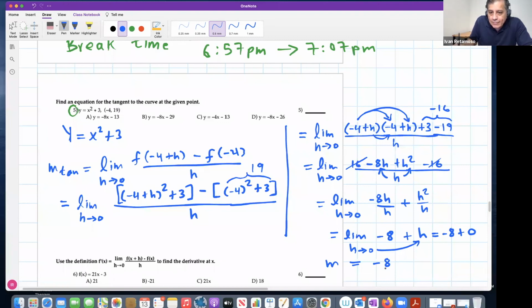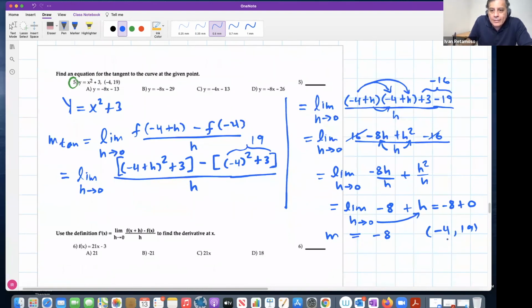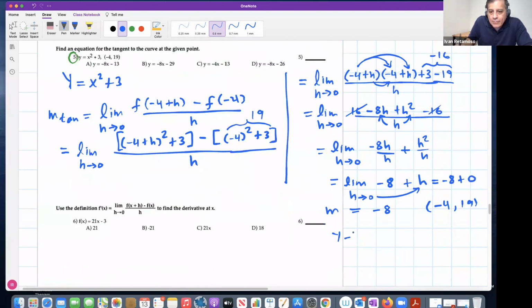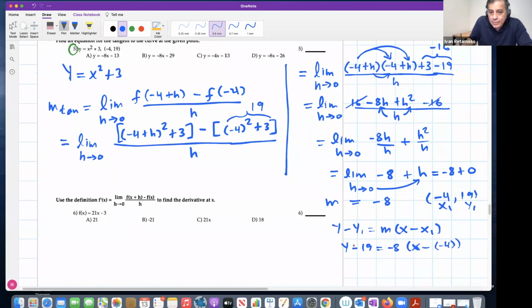This slope, negative 8, together with the point (-4, 19), allows me to compute the equation of the tangent line. Remember, y minus y1 equals the slope, negative 8, times x minus x1, which is negative 4. It's called point-slope form, which is what I use; you may use a different method.